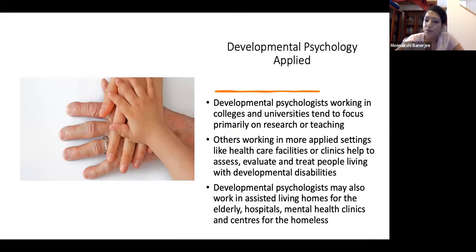They may also work in assisted living homes for the elderly, in hospitals, mental health clinics, and centers for the homeless. These are just a few applications, but we do apply developmental psychology principles in all areas.